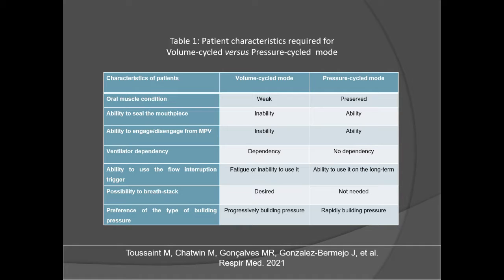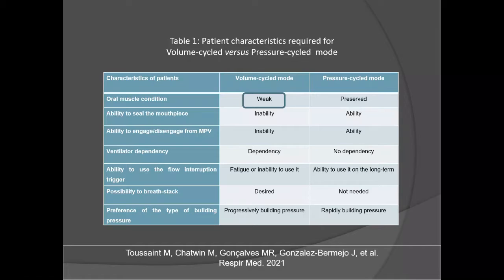If we compare here the volume cycle mode and the pressure cycle mode, and if we look at the characteristics of the patients to use the volume or the pressure, what can we see? And this is also important to tell you now. With the volume, it's not important to have good muscle condition.